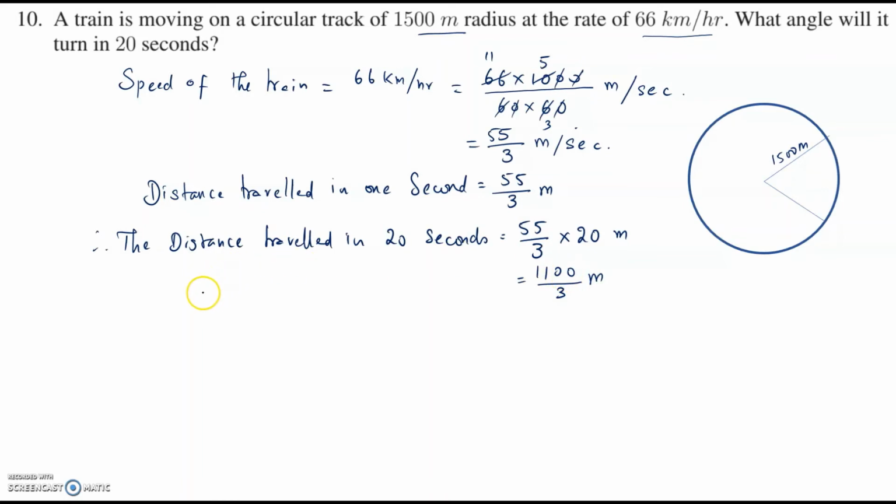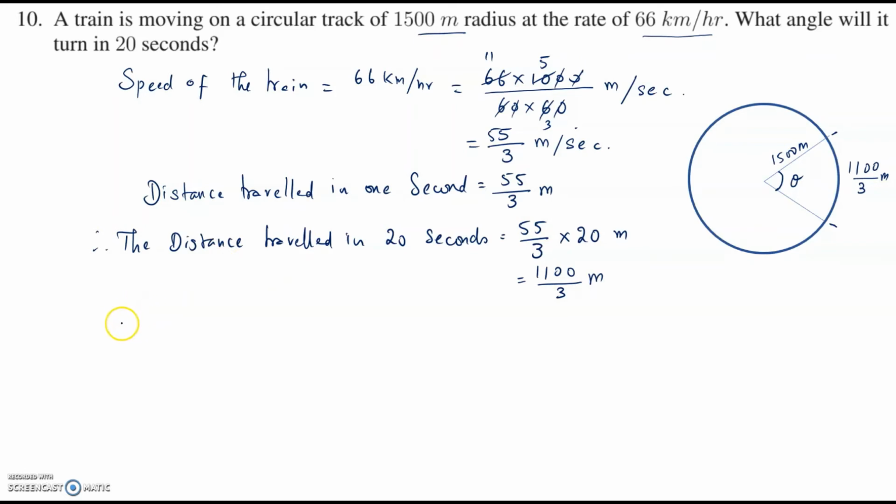Now we know the radius of the circular track is 1500 meters. It's already given to us. If we consider this to be the distance traveled in 20 seconds, then this distance is 1100 divided by 3 meters. So we are asked to find this angle theta. So now what you have is an arc, and so we know the formula for the arc length.